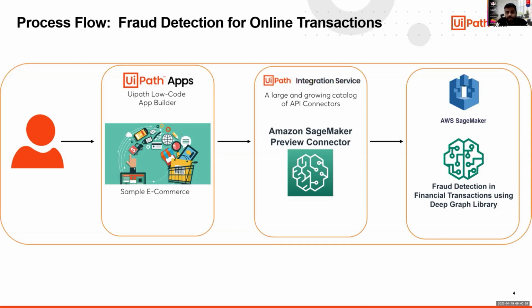And this connection with SageMaker is very simplified and intuitive. It is using the Integration Service of UiPath. This connector allows you to easily send this information to this endpoint. And the model is already published in Amazon SageMaker. We will talk about this model later.